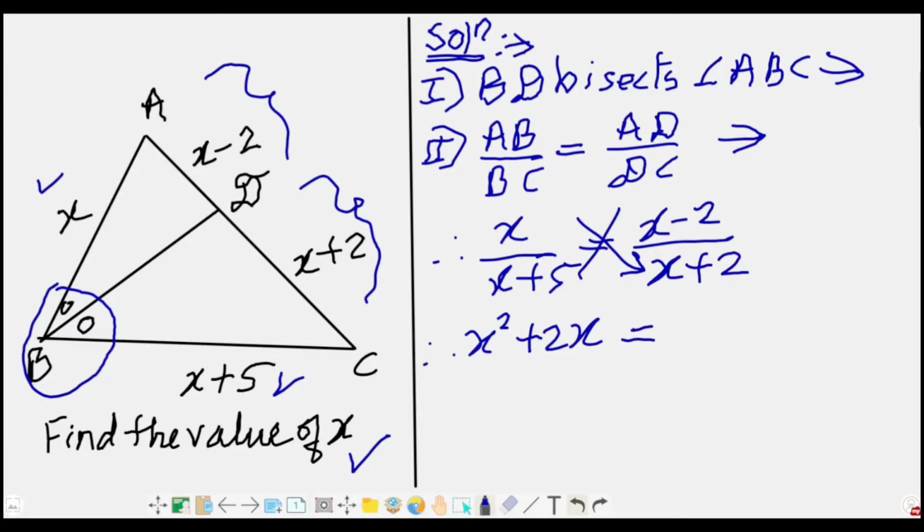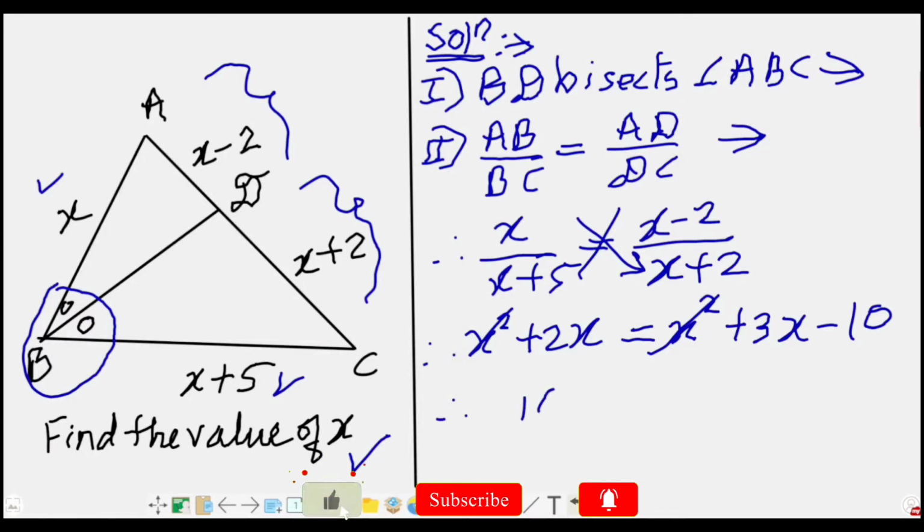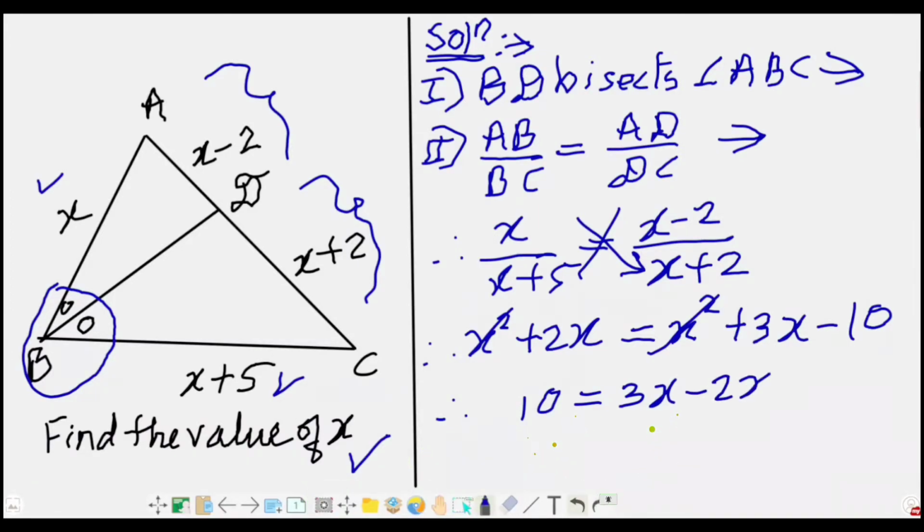When you expand and multiply x plus 5 and x minus 2, you will get x square plus 3x minus 10. x square will get cancelled on both sides, students. Bring 10 to this side, transfer 2x to that side. 3x minus 2x will give you x. So your value of x is 10. So the unknown x value also we can calculate if the bisector is given, by using which theorem? Angle bisector theorem.